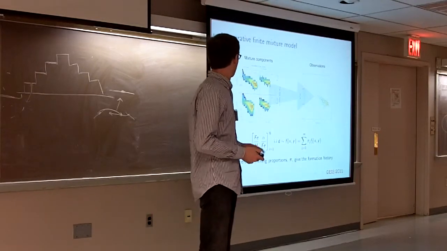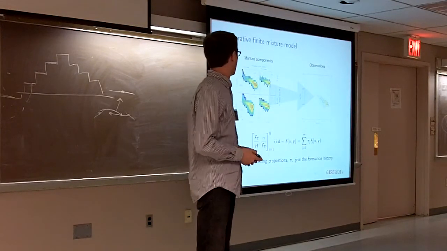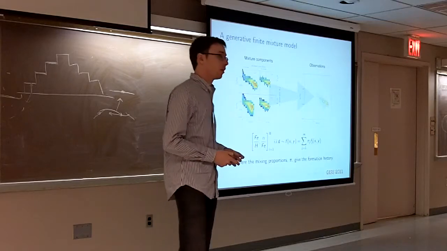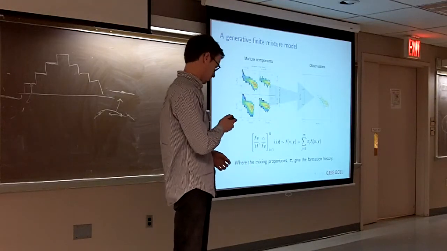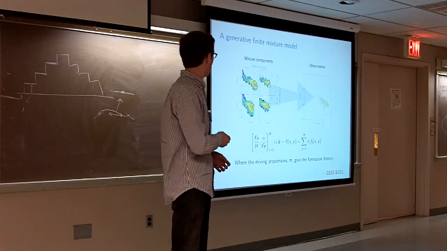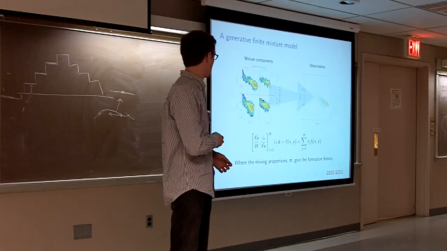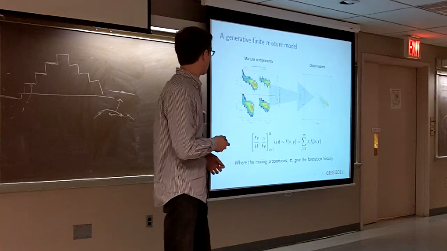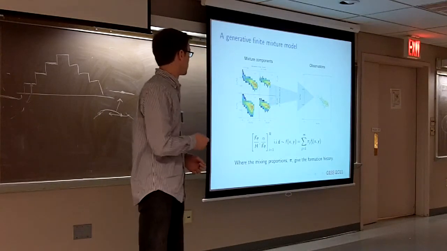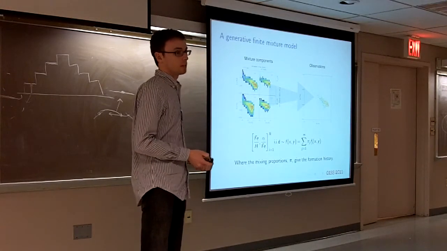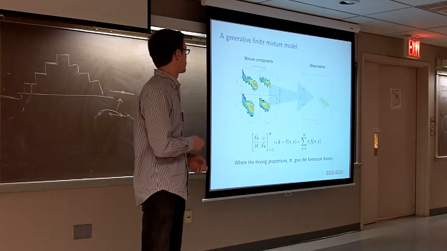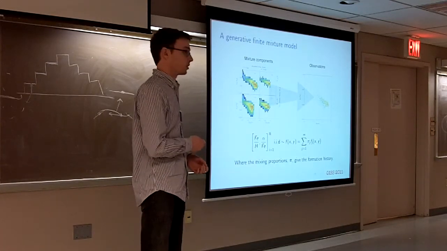Given all these templates that we have, we proposed a generative model for the observations, and we say that each observation is generated from one of m mixture components, shown here on the left. Again, these mixture components, as we discussed earlier, are from 1,500 simulated satellites, whereas the observations are from a smaller subset.